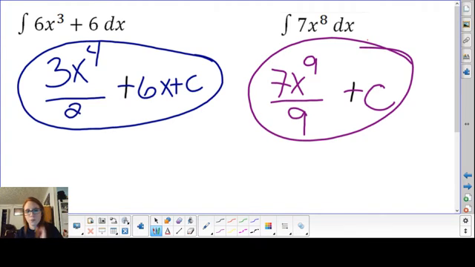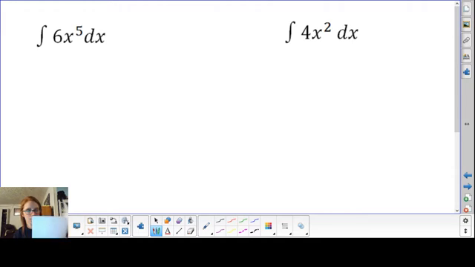So there's the first 2. Here are the second 2.